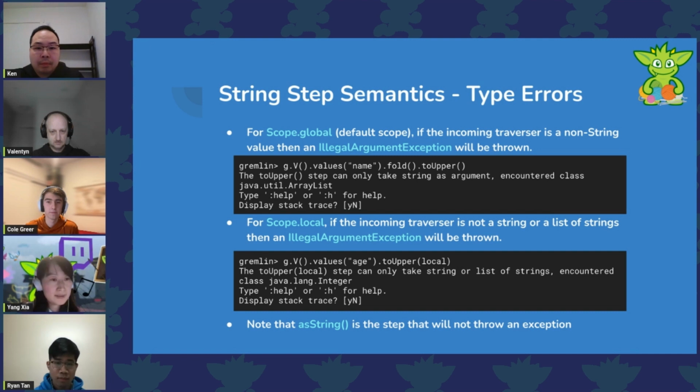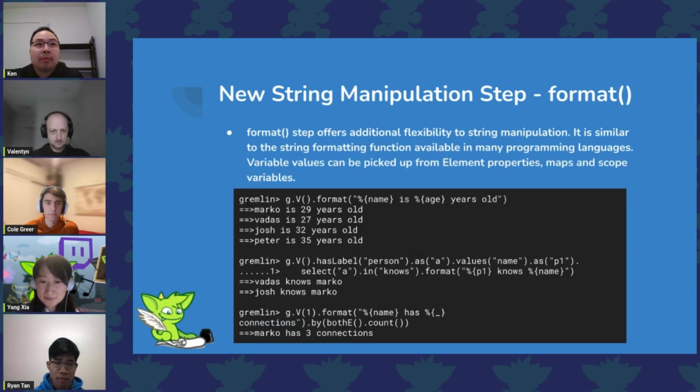Just note that the asString step is the step that will not throw an exception, because its function is to take anything that's not a string and turn it into the string manipulation of it. And with that, I will turn to Valentin to explain the more flexible step.